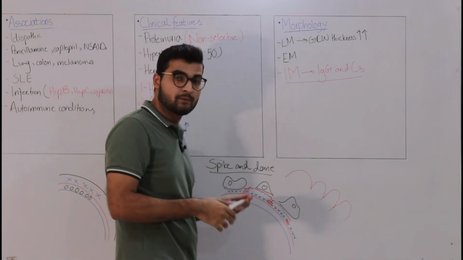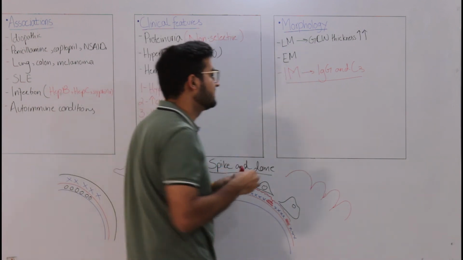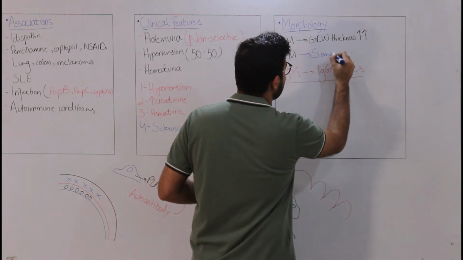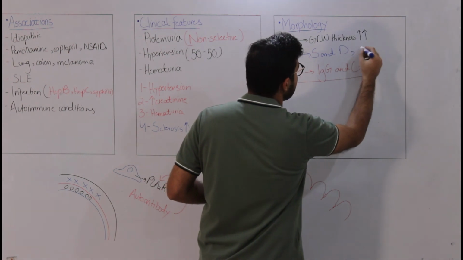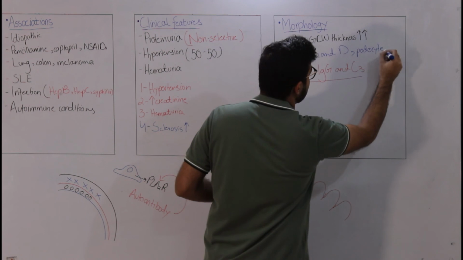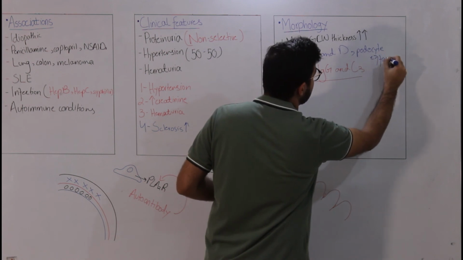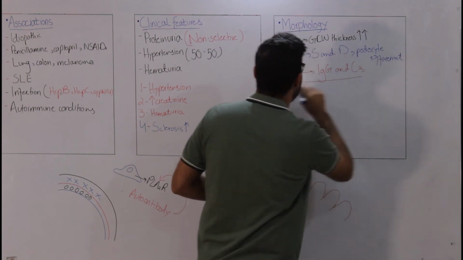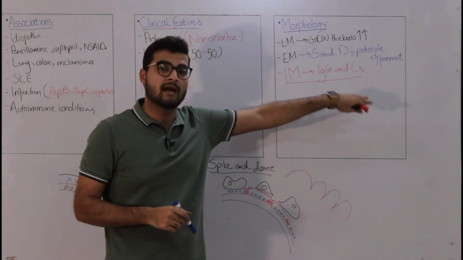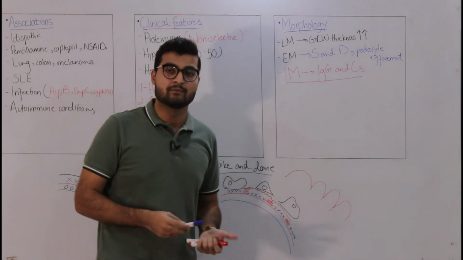You will see effacement of your podocytes on electron microscopy as well. So apart from the spike and dome appearance, you will see podocyte effacement. And on immunofluorescence, you will see the presence of IgG antibody and complement C3 proteins.